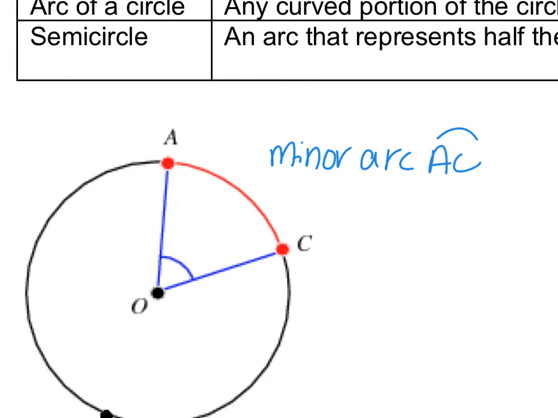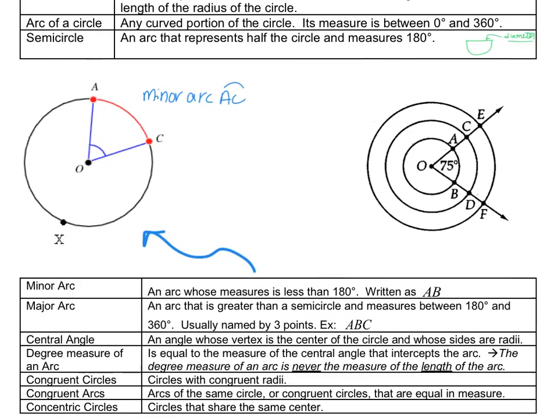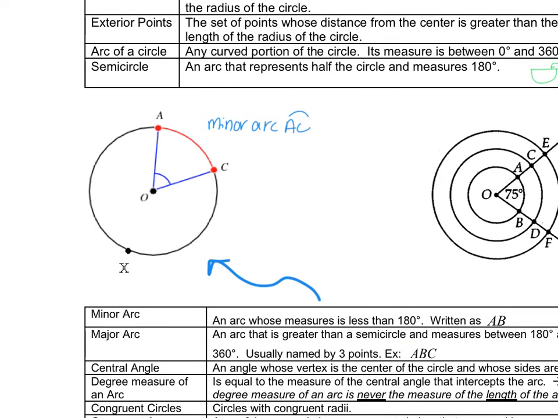Minor arc AC. A major arc is an arc that is greater than a semicircle and measures between 180 degrees and 360 degrees. It's usually named by 3 points. So for instance, in this visual, I can say my major arc is AXC.